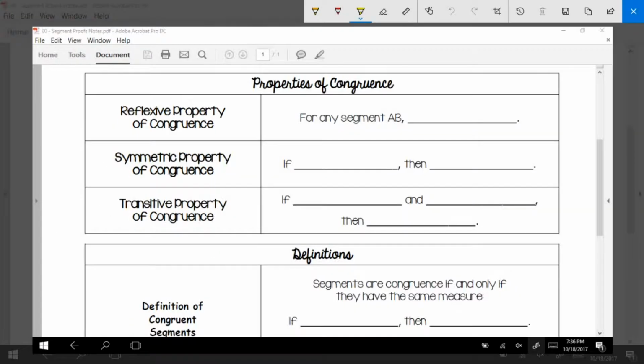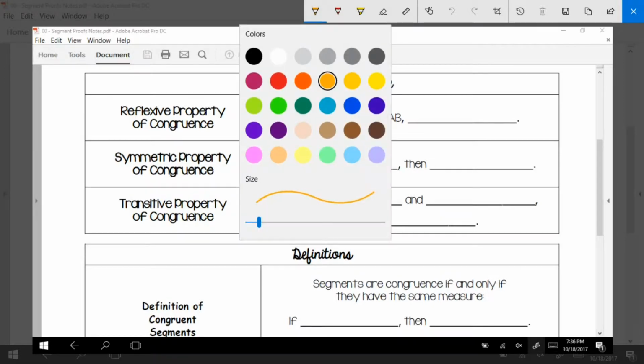I'm going to get on the screen sketch, so follow along and write on your paper as well. The first one is the reflexive property of congruence. If you remember, the reflexive property of equality just says that a number equals itself.